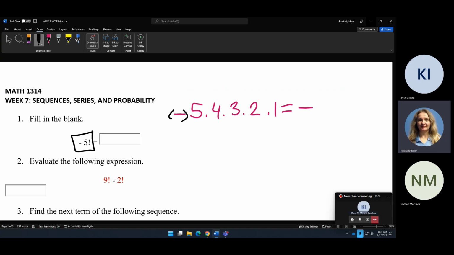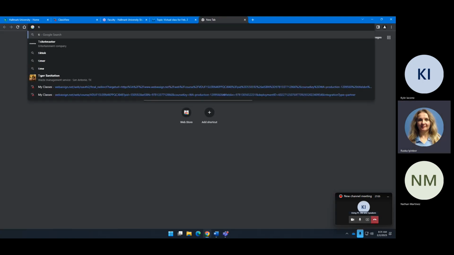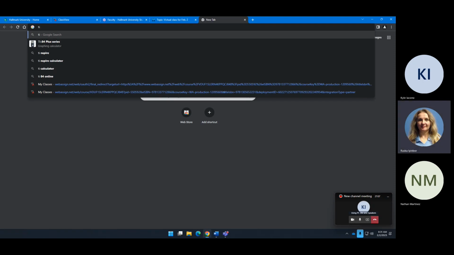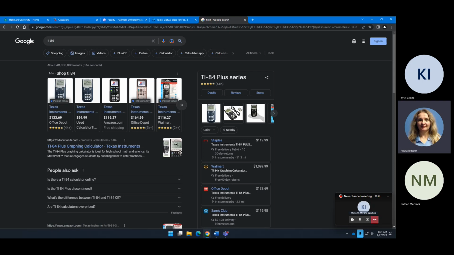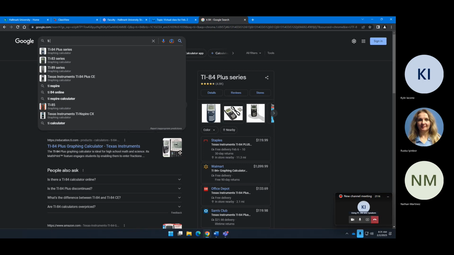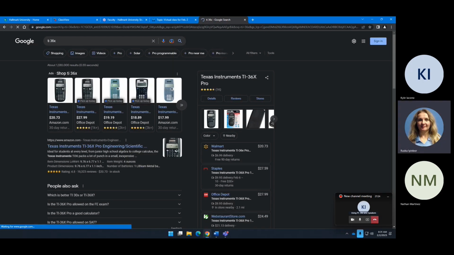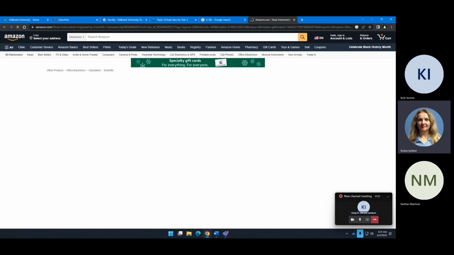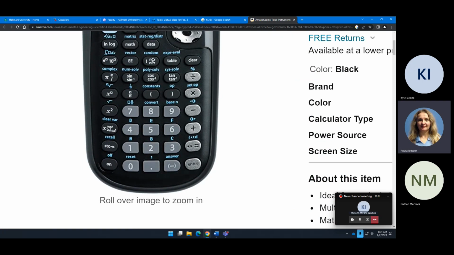Now, where's the factorial? Let me show you. The calculator is the TI-36X Pro. This is what you need to press. You have the negative symbol.